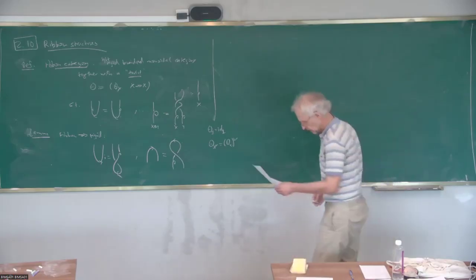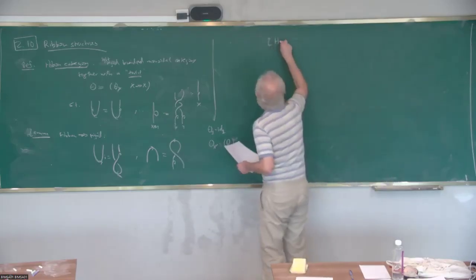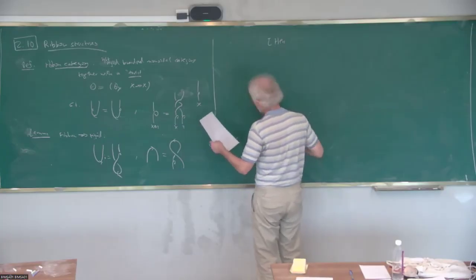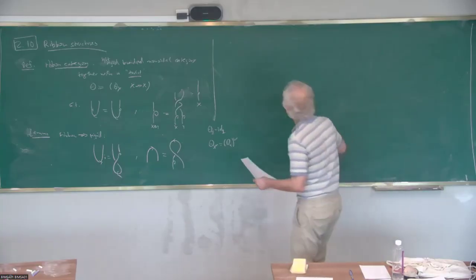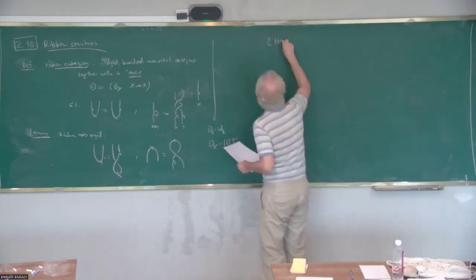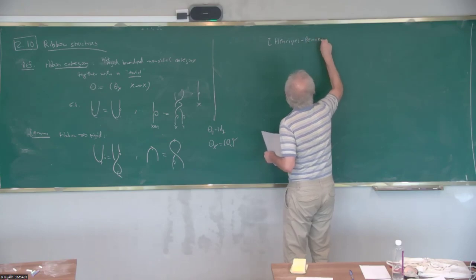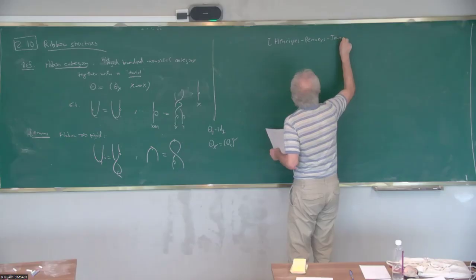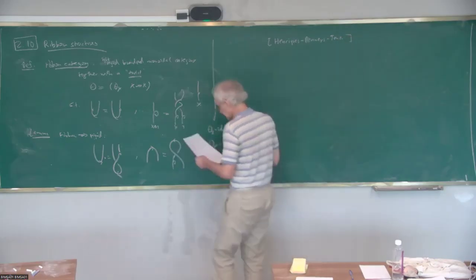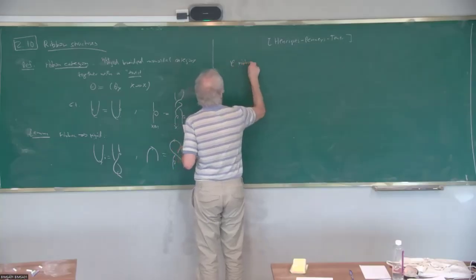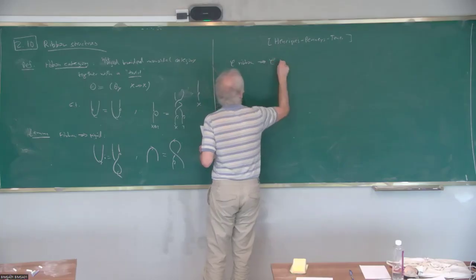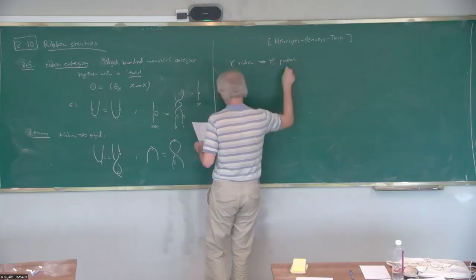Let me just, instead of describing them, refer to a paper by Henriques, Penneys, and Winnick. But the opposite direction is easier. If C is ribbon, then it is in particular pivotal.